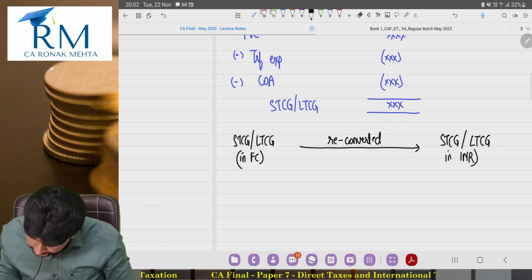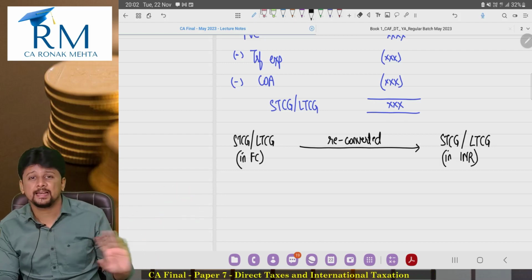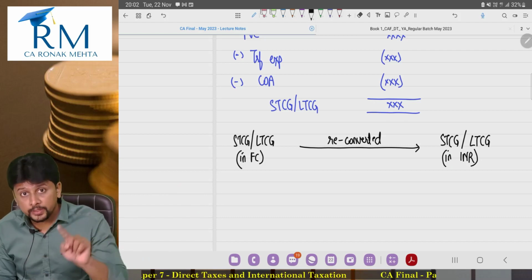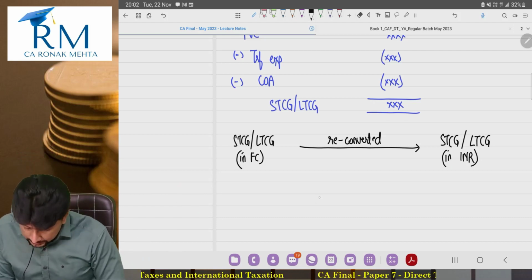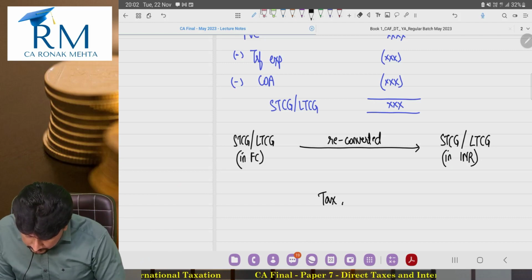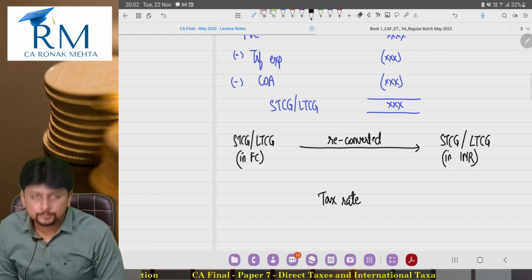Sir, why? Is he going to take back rupees with him? No. This will be reconverted into Indian currency only for the purpose of imposing tax.